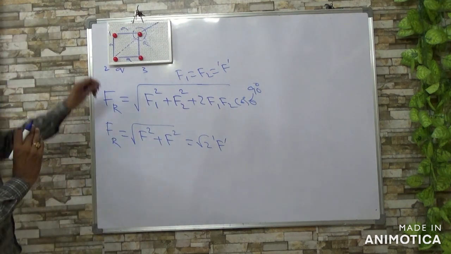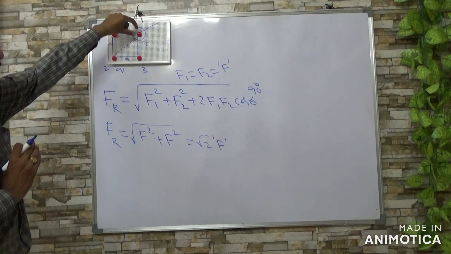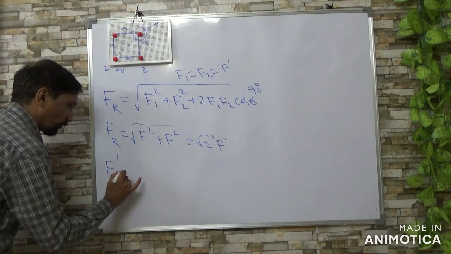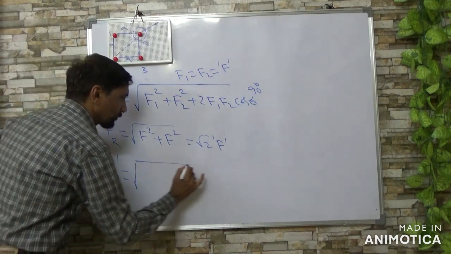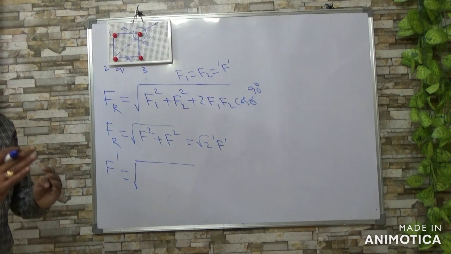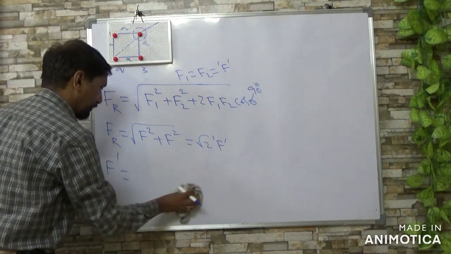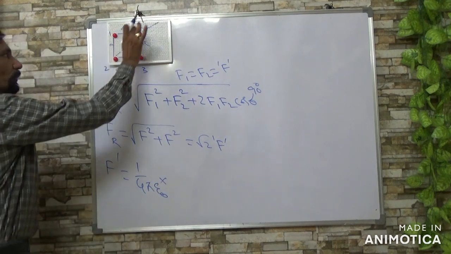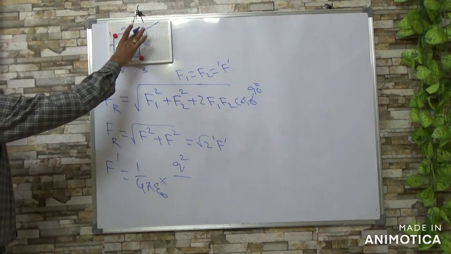But at the same time, the force of charge 2 is also acting on 4. So you want to know the resultant force of 2 and 4. How do we find the force between 2 point charges? It is 1 by 4 pi epsilon naught into Q1 Q2, identical, so Q square, by the distance of separation.